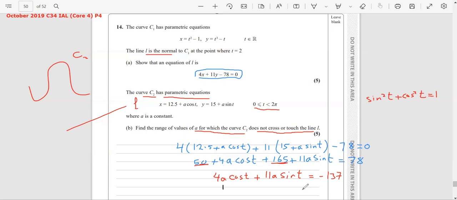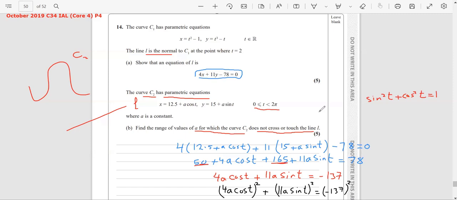It will be 4a cosine t all squared added to 11a sine t all squared, and here we have negative 137 all squared.